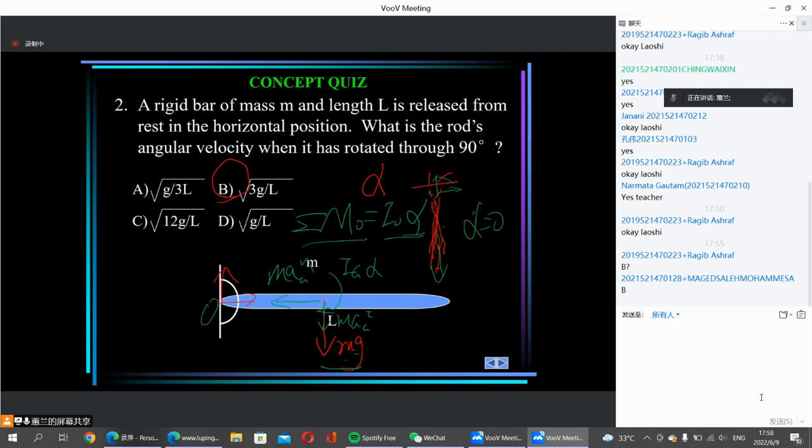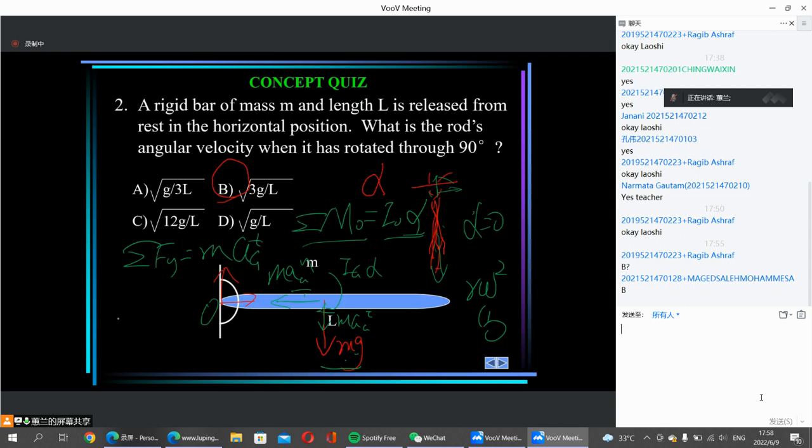Why? Because when it's at rest, the normal acceleration, omega squared r, is equal to 0. So O_x will equal to 0. And for O_y, you can have sigma F_y equal to m a, where a here is a_G tangential, okay?